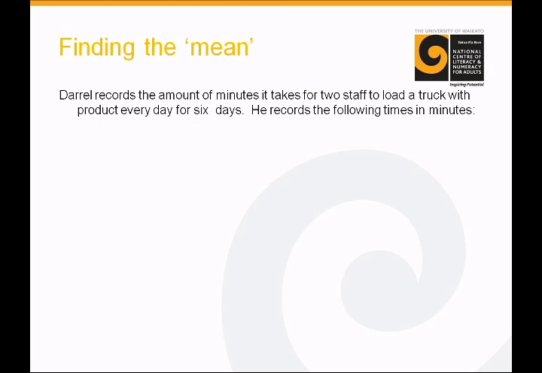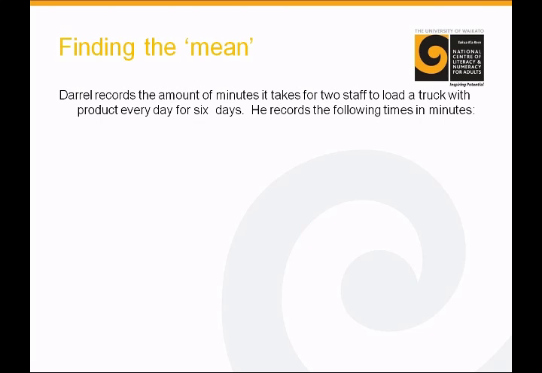So what we're going to do is have a look at how we find each of these measures of data, and then I'll give you an activity to see how you go. So here's the scenario for finding the mean. Daryl records the amount of minutes it takes for 2 staff to load a truck with product every day for 6 days.